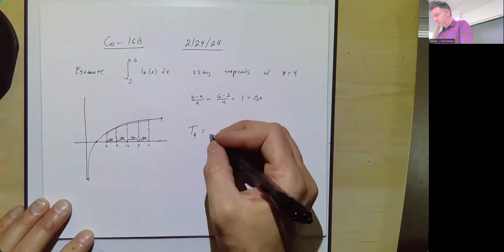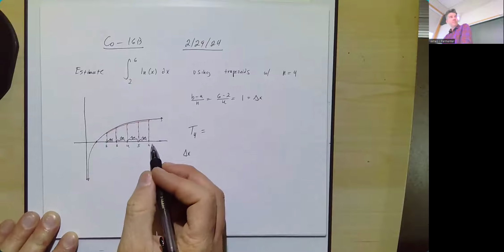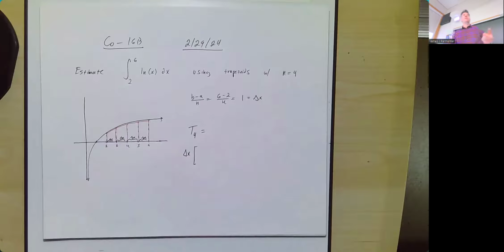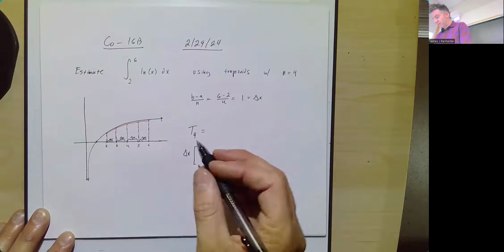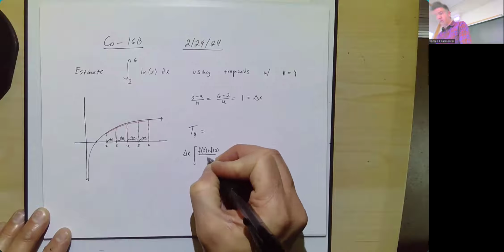It's going to be delta x, the base of each trapezoid, multiplied by, for each trapezoid, the average of the heights. That's the area of a trapezoid formula. It's the base times the average of the height. So check this out. The first average of heights is going to be f of 2 plus f of 3 divided by 2.